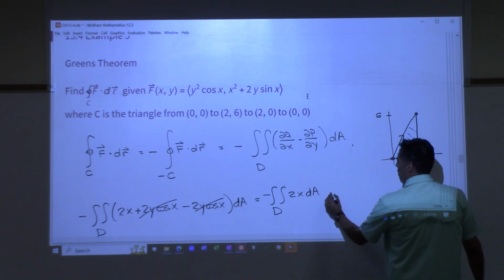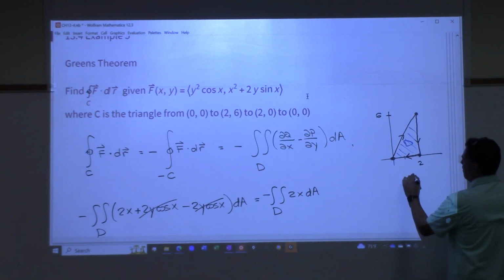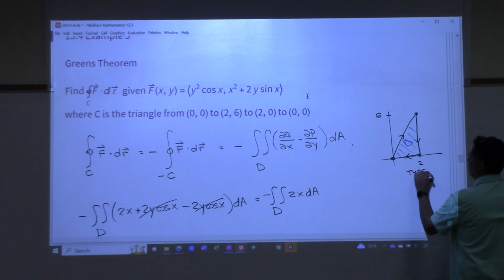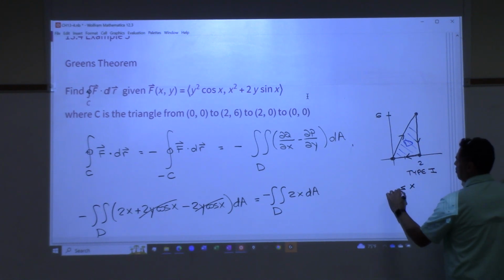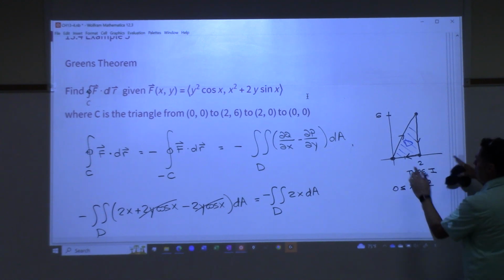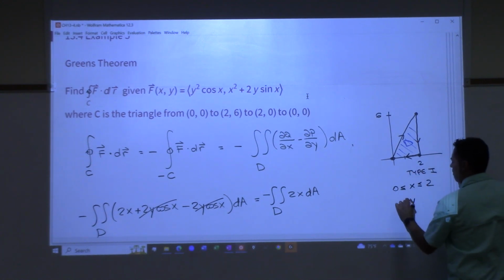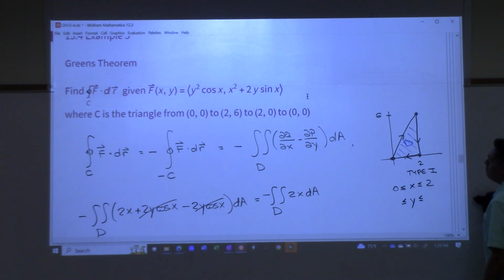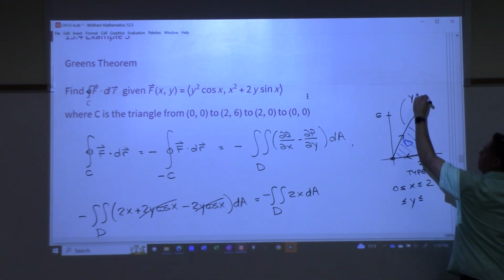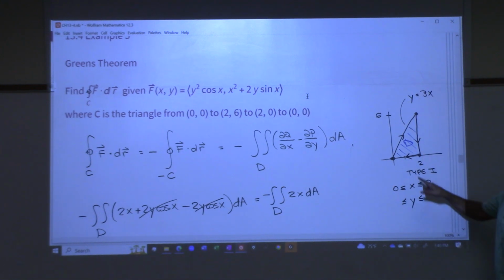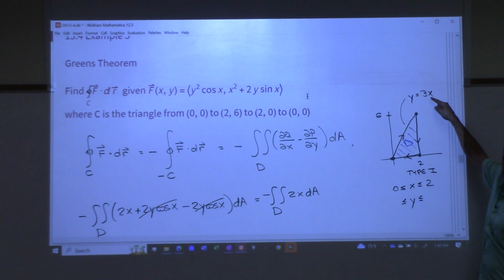So now let's do this region. I'm going to do type 1, good old-fashioned type 1 region from when we first started double integrals. My x here is bounded between 0 and 2, and my y is bounded between, well, that's a line. What is it? 3x, right? Slope is rise 6, run 2. Slope of that line is 3.